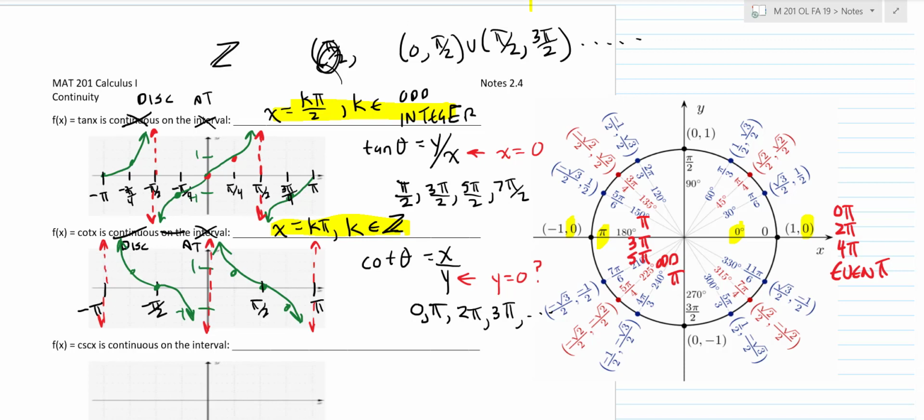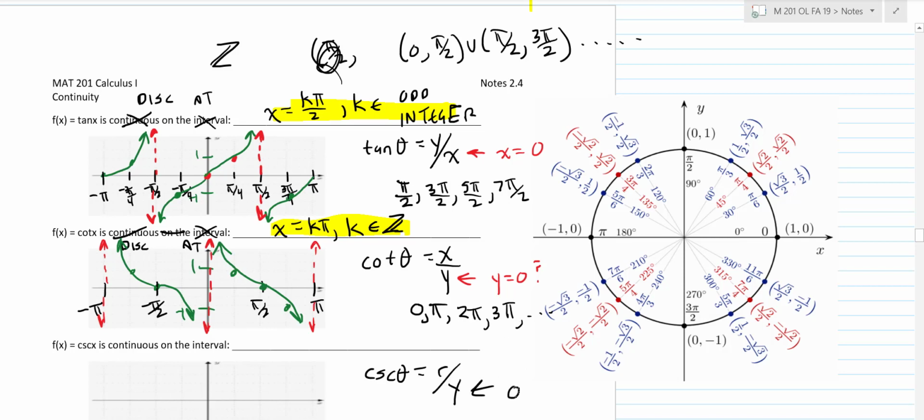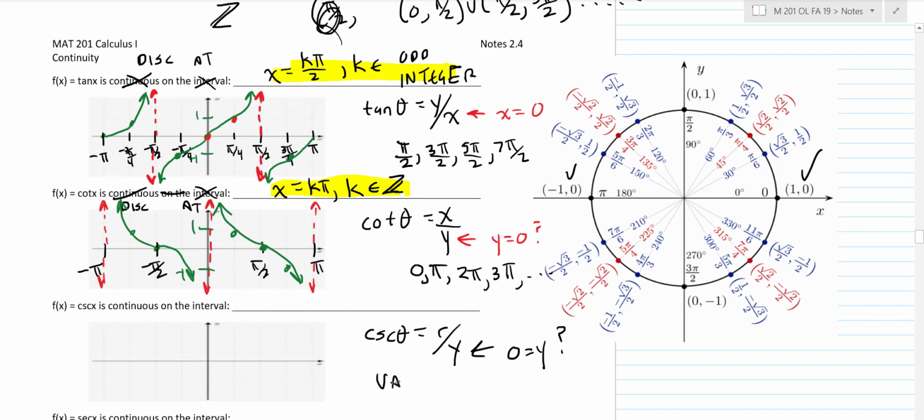Okay, what happens on the next one goes like this. The definition of a cosecant, the cosecant of theta, remember, is r over y. So it's the same thought process. Where is y 0? Well, that would be the same as the cotangent. So that would be at these values here, there and there. So you would get vertical asymptotes just like you did on the cotangent.